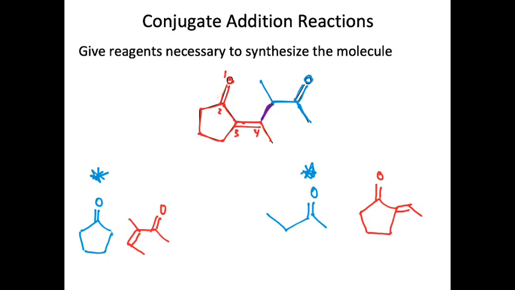So the red structures are both electrophiles, and the blue structures are nucleophiles. Okay? The electrophiles started as electrophiles. Right? We don't have to do anything to those. They're already electrophilic. Are the nucleophiles nucleophilic? No. We have to make them nucleophilic by doing what?